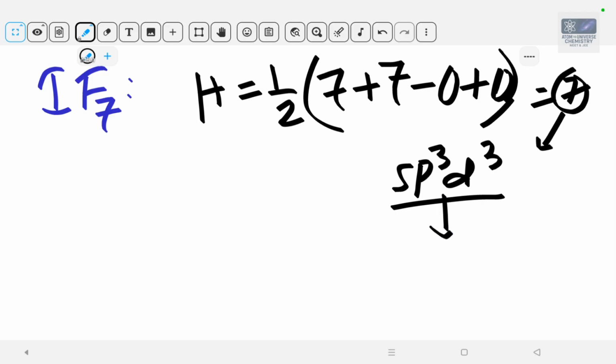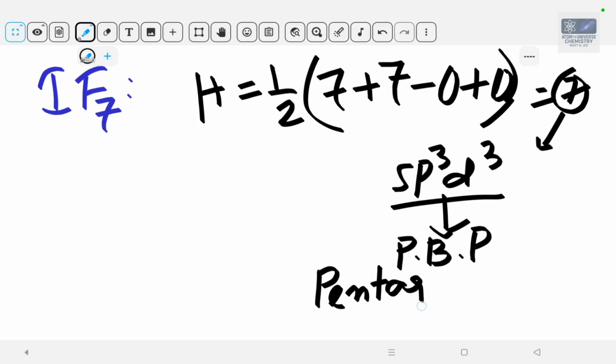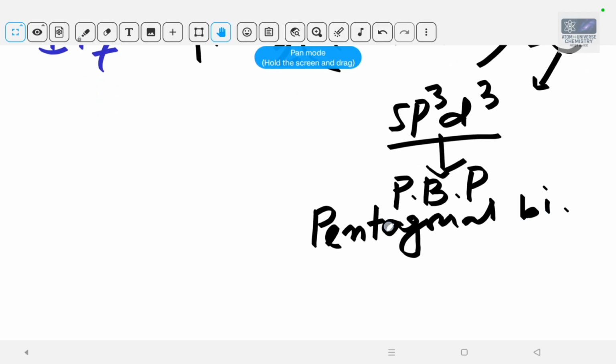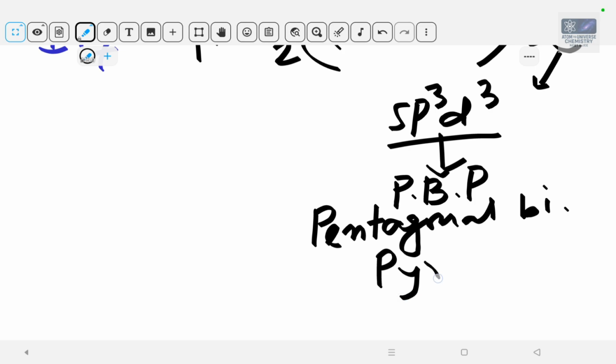That very structure is known as PBP. Full form is pentagonal bipyramidal.